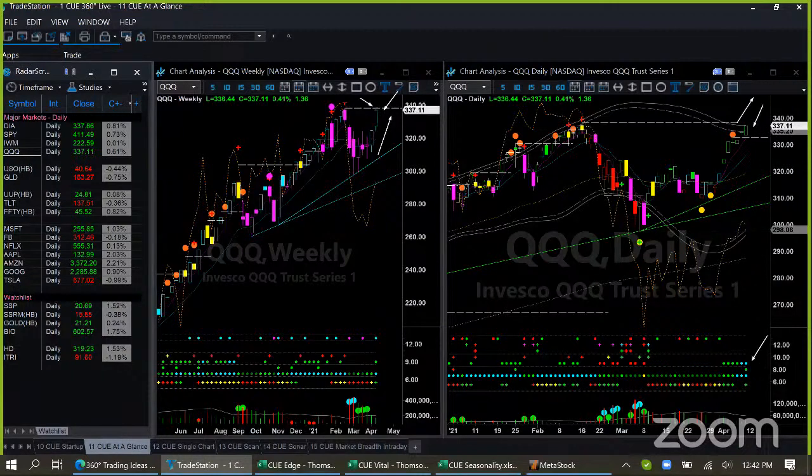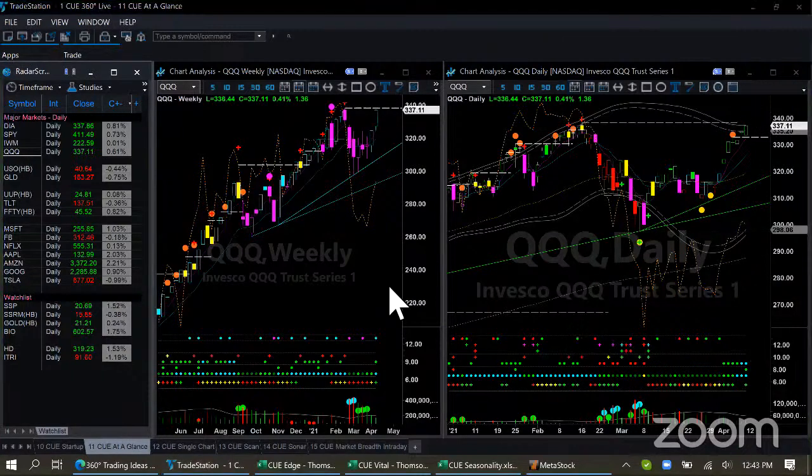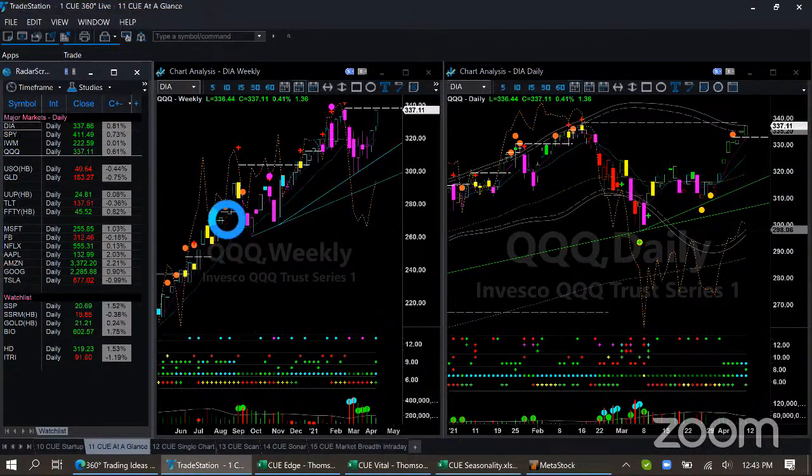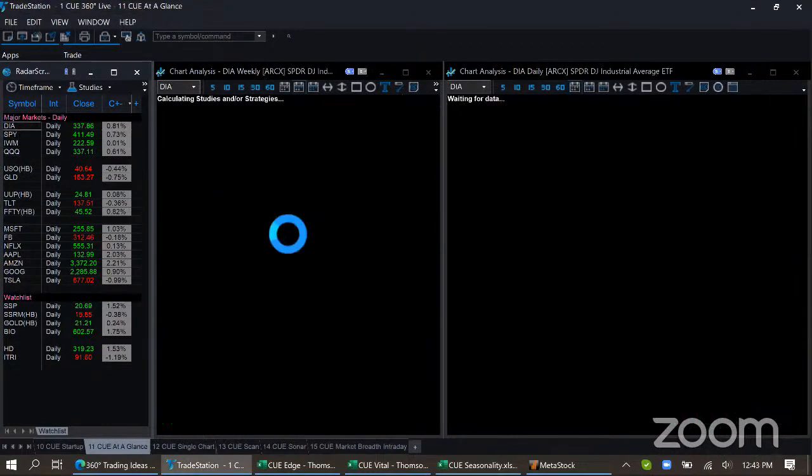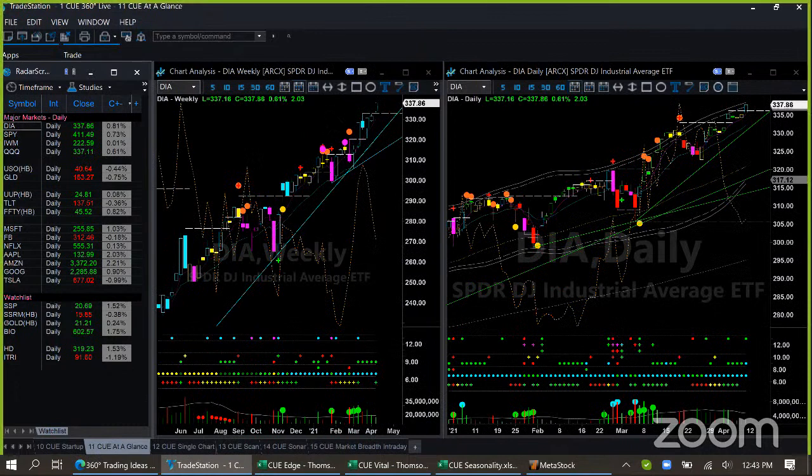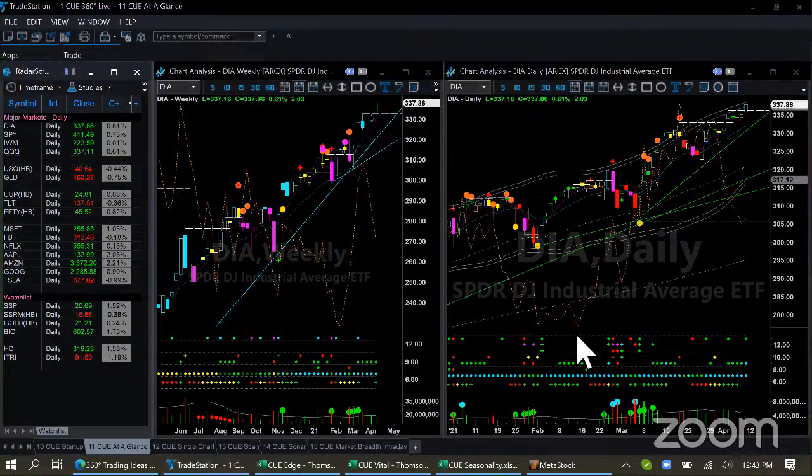QQQ is also overbought. DIA, like SPY, is very bullish. Like SPY, it made a new all-time high this week on Friday, and it is overbought.